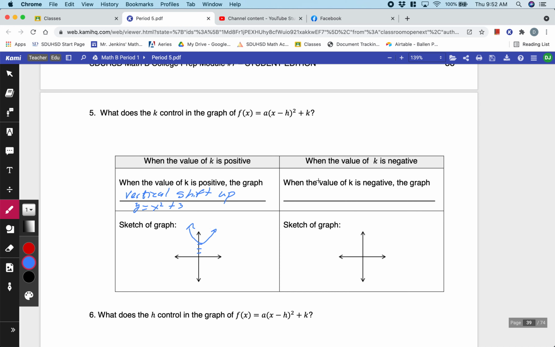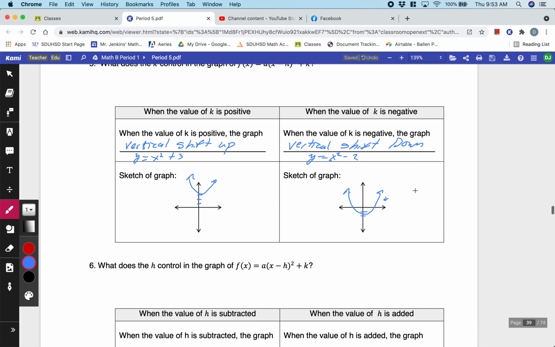But when the k value is negative, that's a vertical shift down. So for instance, y equals x squared minus 2 would be like this. The graph is still pointing up because the a value is positive, but it's shifted down 2 units.